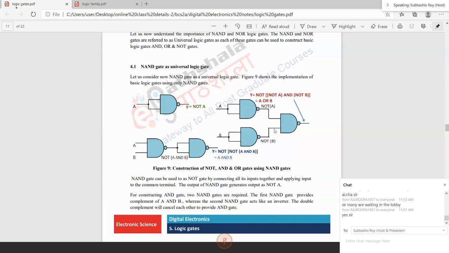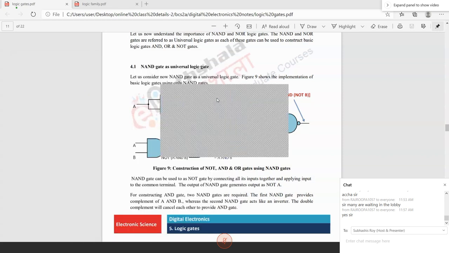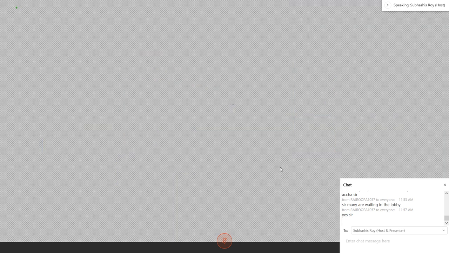If you connect A bar and B bar to the input of the NAND, then you will get the output A plus B. So is it clear to everyone?